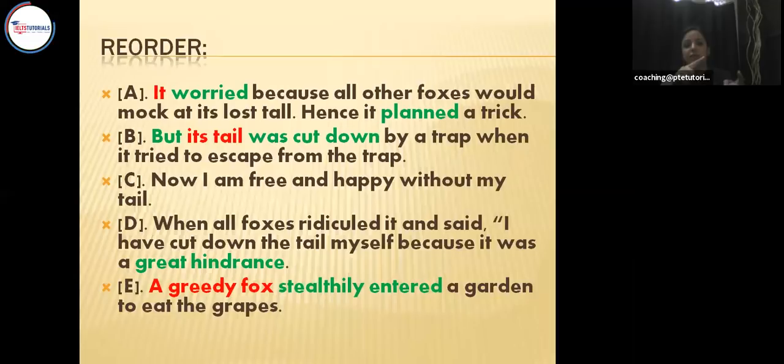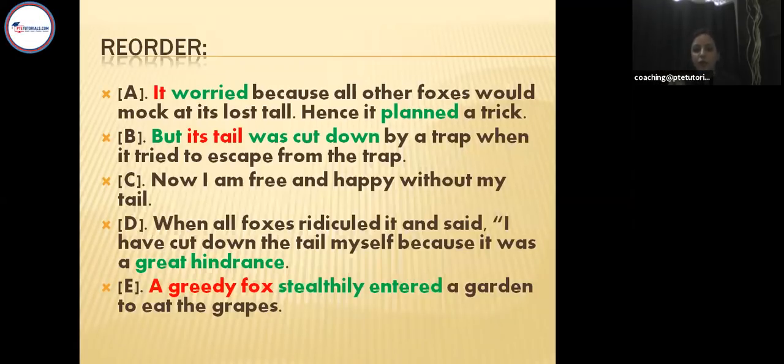This has made the fox worried. After that, they are giving me the reason: because all other foxes would make fun of its lost tail. Hence, it planned a trick. It planned a trick means now I need something. Focus on the word plan.